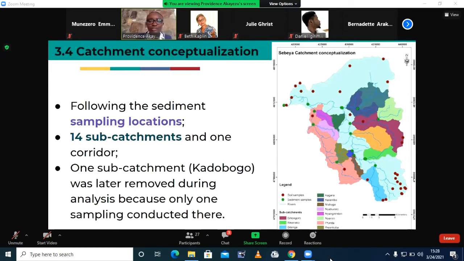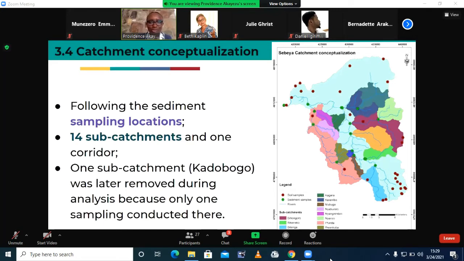So it's a connection of rivers, and we can talk about the main river, primary river, secondary river, and so forth. From these sediment sample locations, the catchment could be conceptualized into sub-catchments.